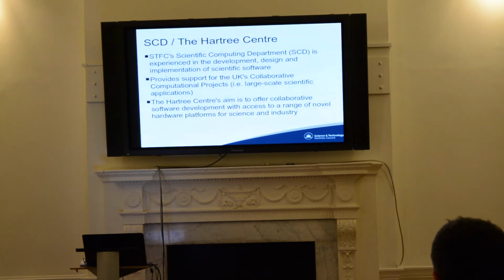One of those is the Scientific Computing Department, or SCD, and essentially that has in total probably about 30 years or more experience in developing, designing, implementing scientific software, mainly within the UK, but some of the applications that have been developed at STFC in SCD are used internationally as well.